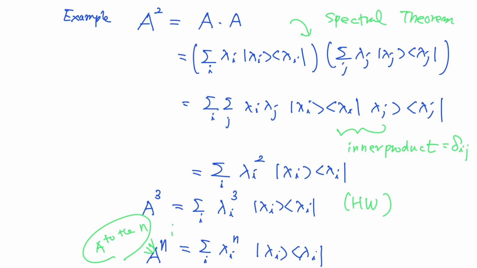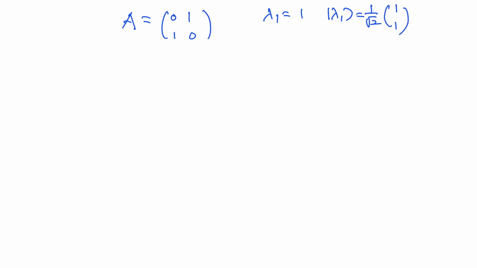So for example, A is 0, 1, 1, 0. Of course, we know that lambda 1 is 1. Eigenvector is 1 over square root of 2 times 1, 1, right? And lambda 2 was minus 1.